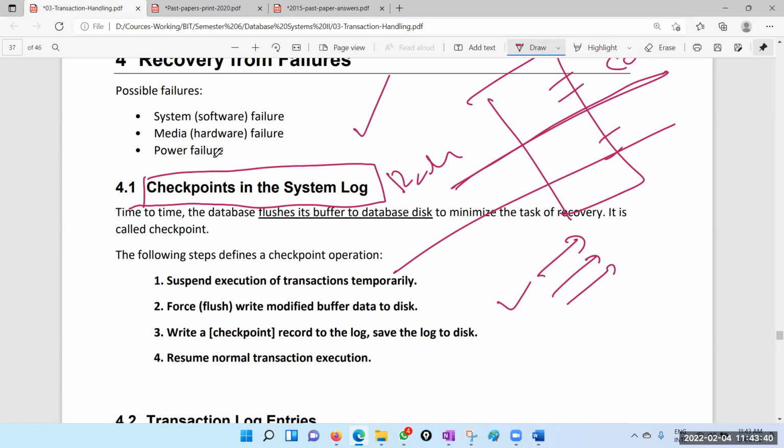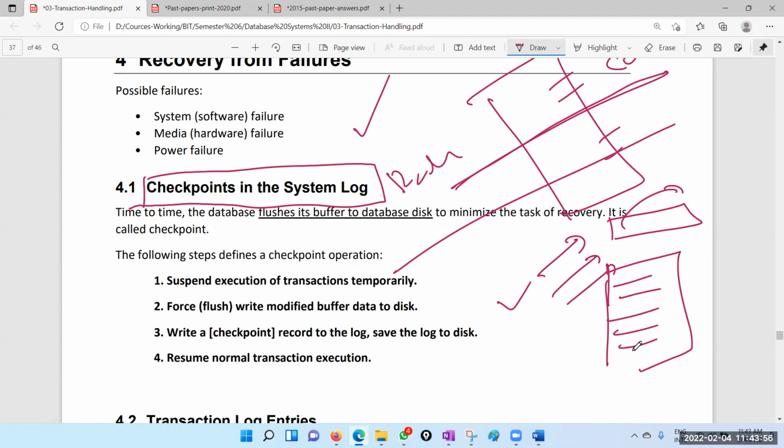Also, before committing any transaction to the data files, your database always writes it to a log file called the transaction log. It first writes to the transaction log and then does the read and write operation on the file. So all the read and write operations are written to the transaction log.